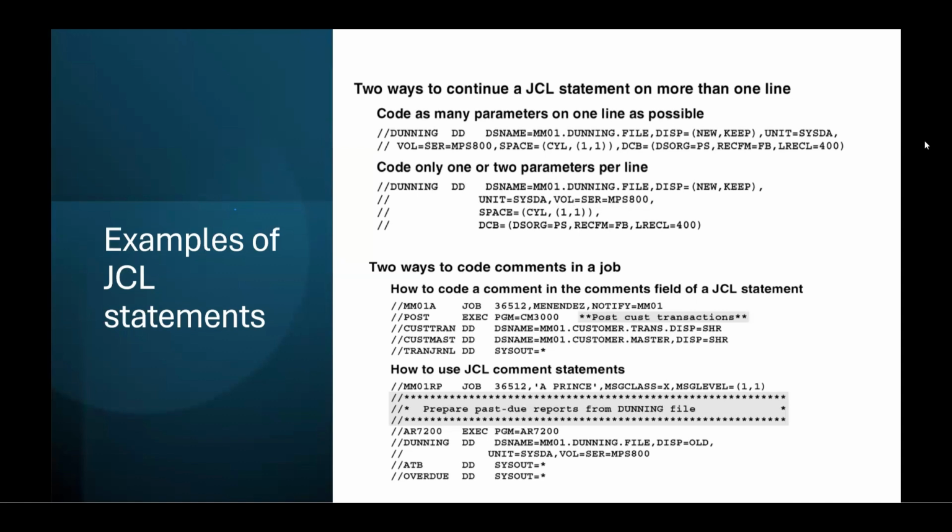You are just continuing and writing two parameters per line. Same process: you have to mark the comma at the end, and after that you have to give the forward slash, and then start from column 4 to 16, so that the job will know the continuation of the process. So these are the two possible ways you can write the continuation.